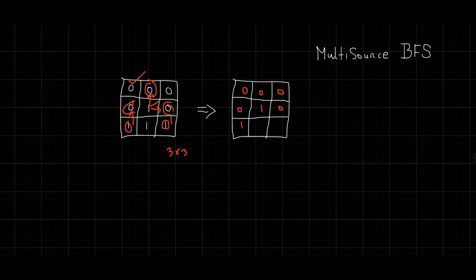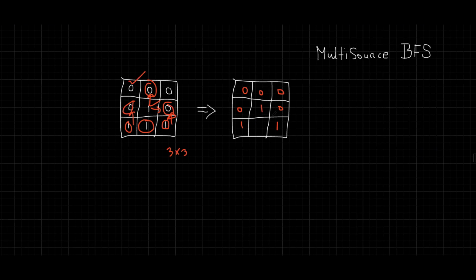For this, the nearest cell which is equal to 0 is this, and the distance will be 1 again. So for this cell 1, what is the distance of the nearest 0? We have to go 1 unit up and 1 unit left. So the distance will be 2. So here, this matrix represents the distance of the nearest zero for each of the cells. I hope you understood the problem statement.